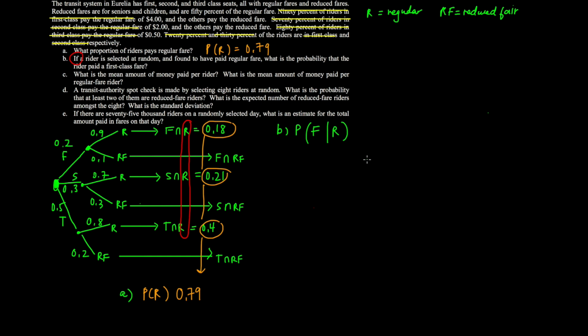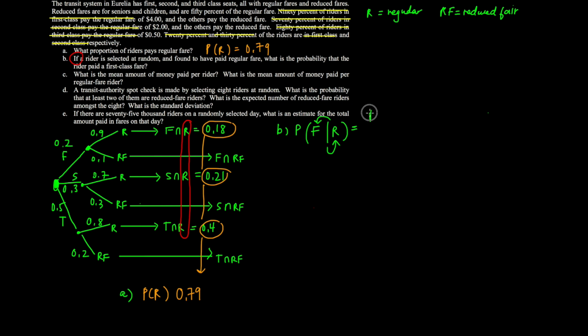So I repeat, if a rider is selected at random and found to have paid regular fare, what is the probability that this person belongs to first class?